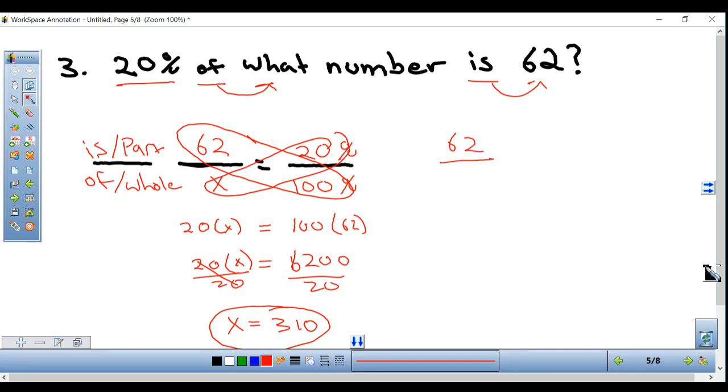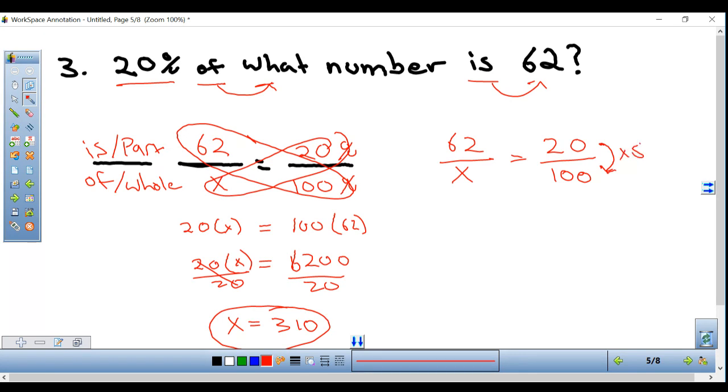If I were to set it up and try and find my factors of change, it's a little bit more difficult in this one. I don't expect most of you to be able to do this in your head. But what kind of relationship between any of these numbers can we see? 62 and 20 might be a little difficult, but I can see a relationship from 20 to 100. What do we multiply 20 with to get 100?